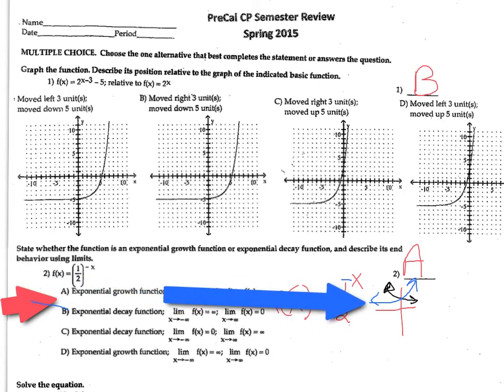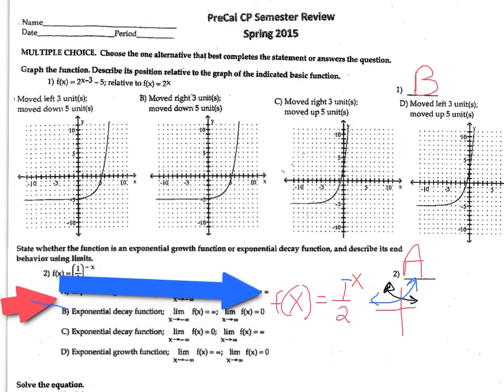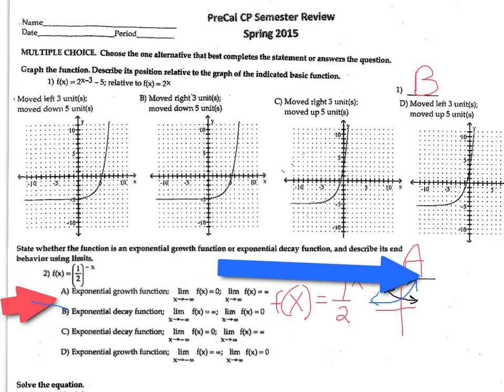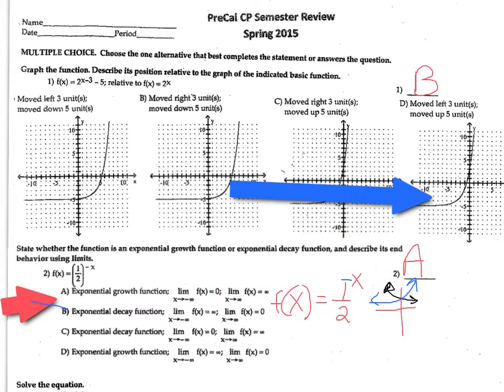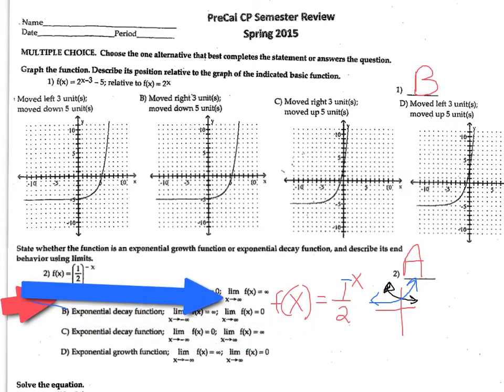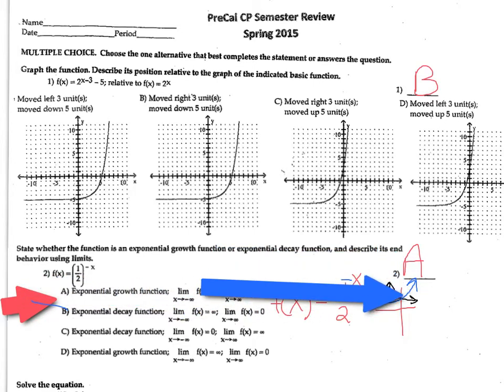So that graph, if it moves this way, is going to be approaching y equals 0. As the function moves to positive infinity, which means it goes to the right, the function is going to keep on increasing. So therefore, f of x goes to infinity as x approaches positive infinity because the function goes up. So this is it, like that.